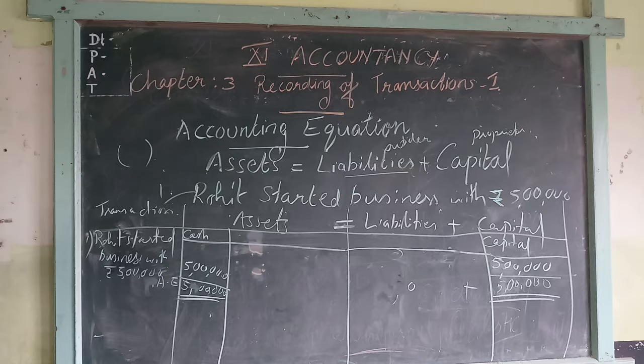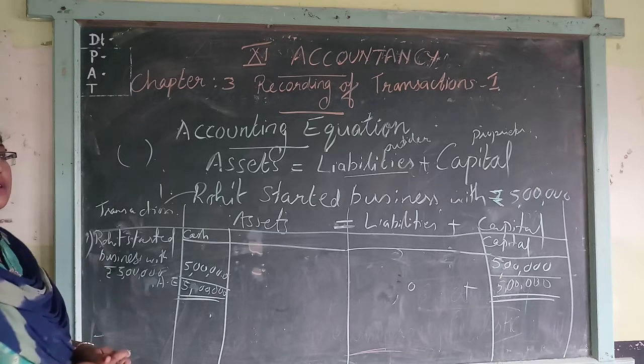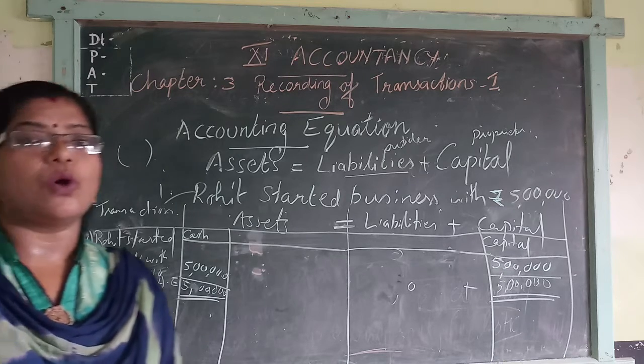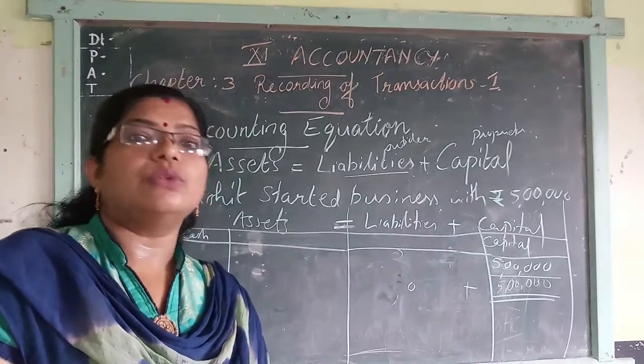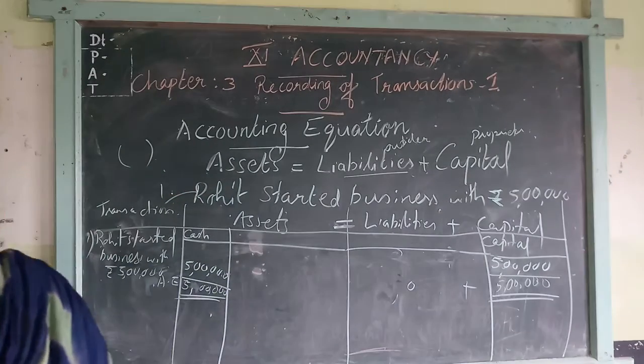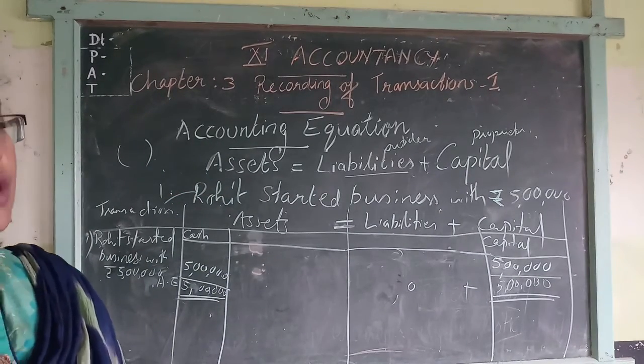Open a bank account in State Bank of India with an amount of rupees 4,80,000. With the help of 4,80,000 you open one bank account in State Bank of India.